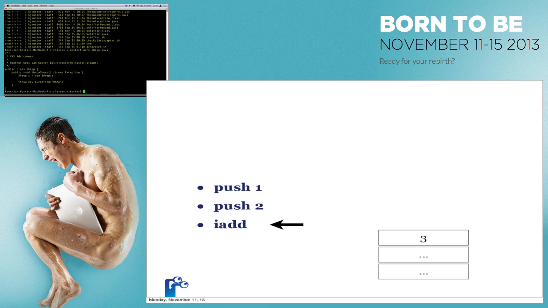And remember the workflow, we try to express as much as we can in Java before we go to the bytecode level. So here I have a method that throws a sheep, or I try to throw a sheep. First I make a sheep instance, like an exception, and then I do throw new exception.